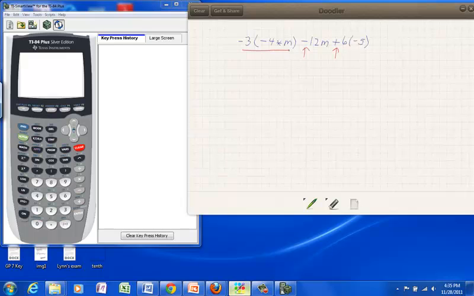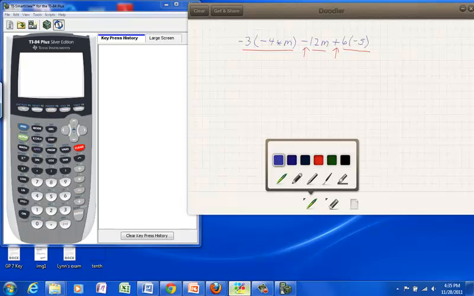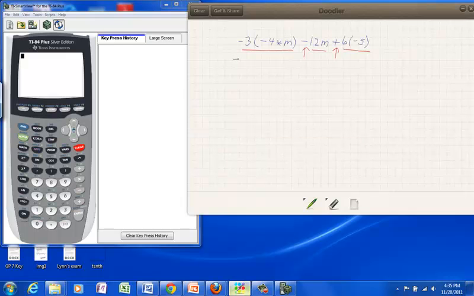So all of this is one term, 12m is one term, and 6 times negative 5 is one term. And then we want to simplify those terms.